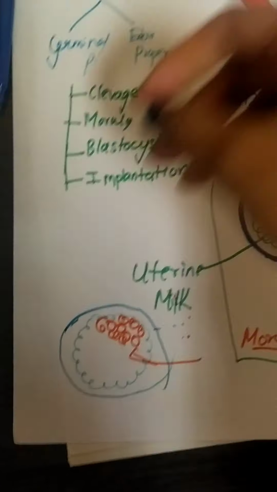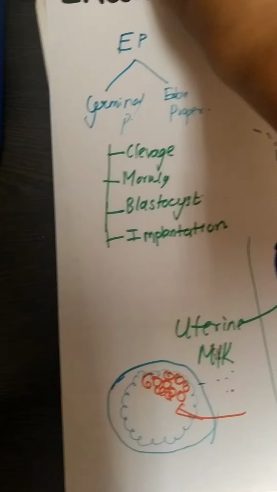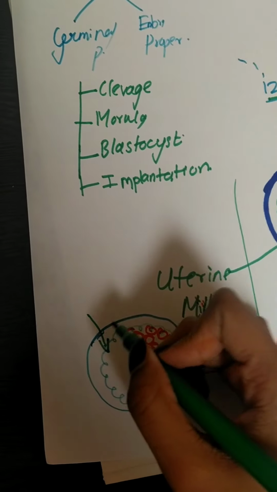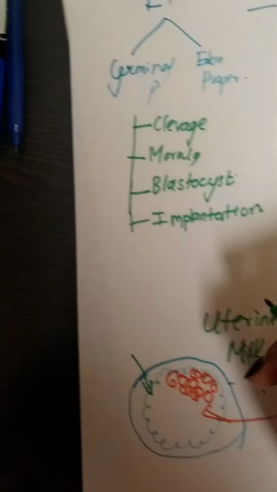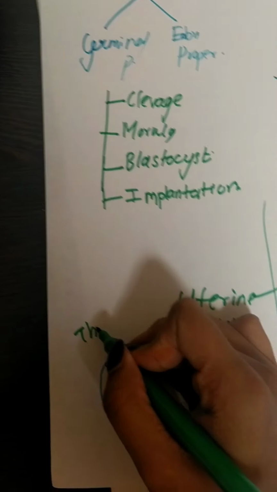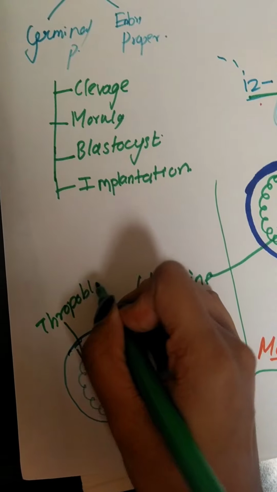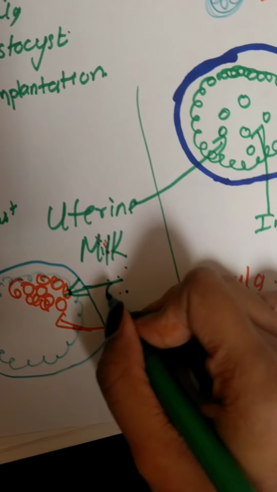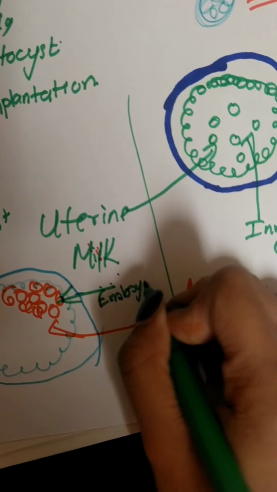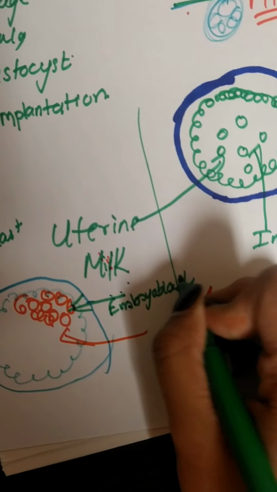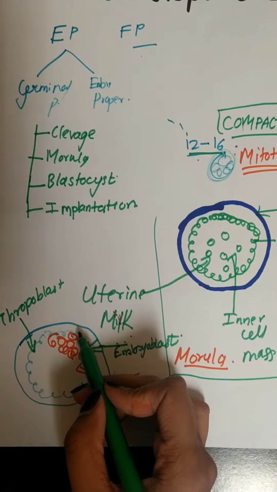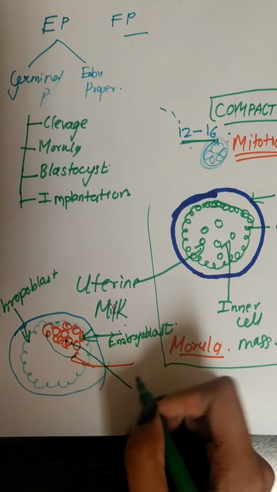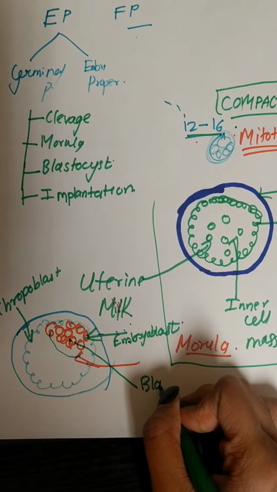And there will be new names: the outer cell mass will be named the trophoblast, and the inner cell mass is called the embryoblast. And the cavity that forms is what we call the blastocele.